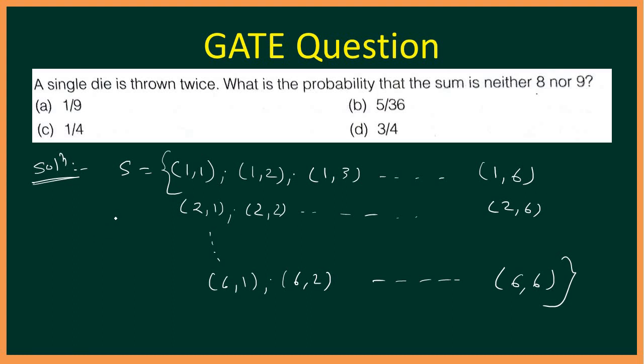So this will be our sample space. Let's count how many outcomes it has. This is 6, this is also 6, and this is also 6, so 6 times 6 is 36. So there are totally 36 elements in this sample space.